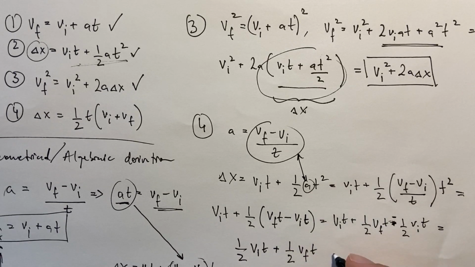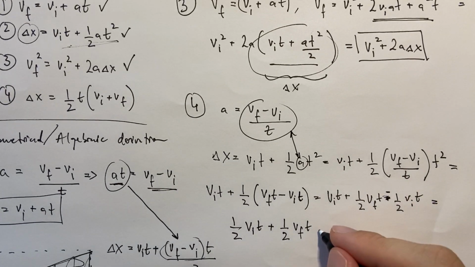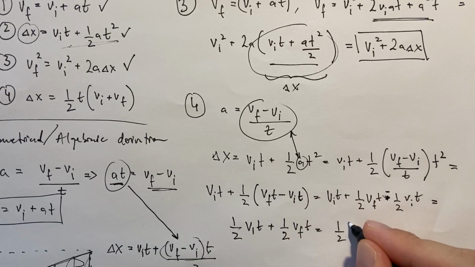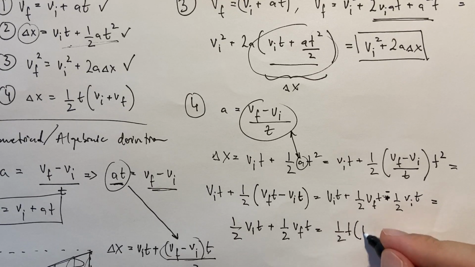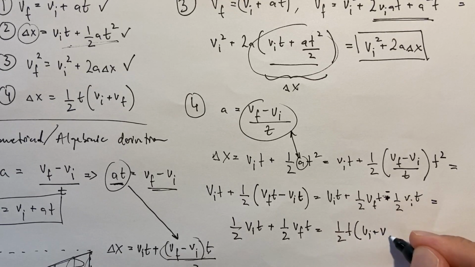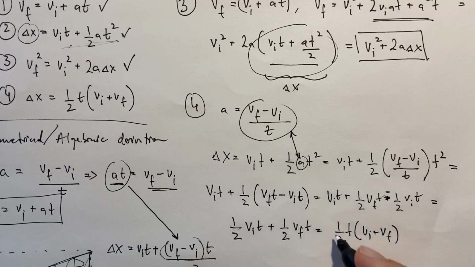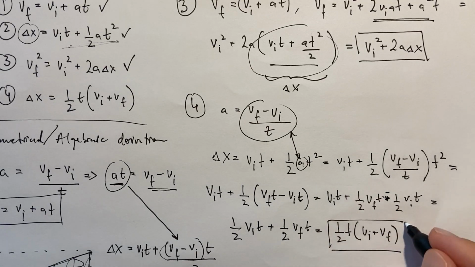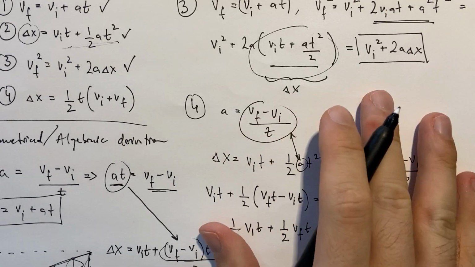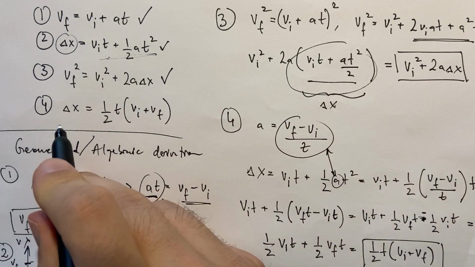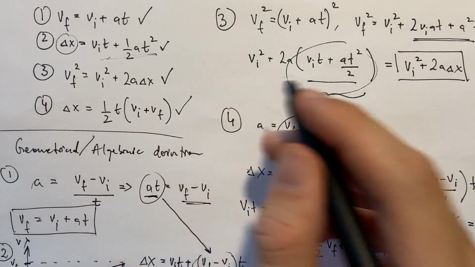Let's go ahead and factor out half t. This will give us half t times vi plus vf. And that is the fourth equation of motion derived.